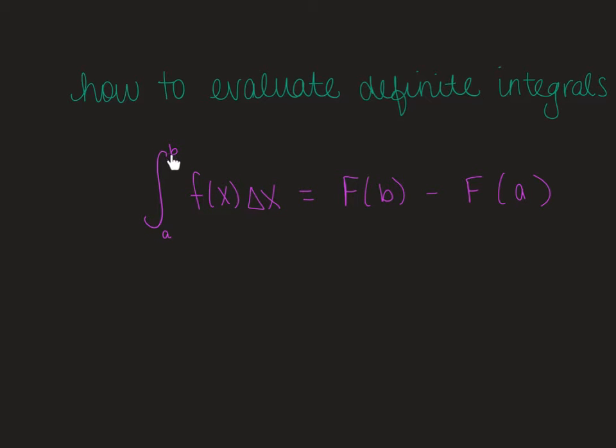You start with your upper bound, and then you subtract whatever you get when you plug in your lower bound. So I plug in B, subtract when I plug in A. All right, you know the deal.